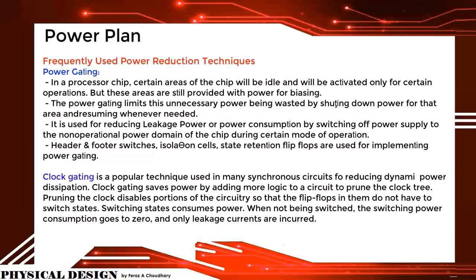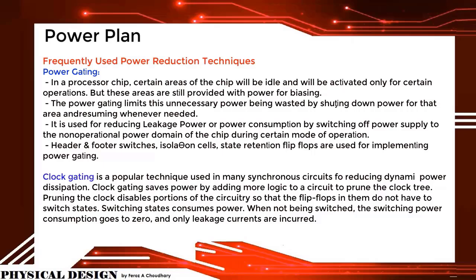Frequently used power reduction techniques are power gating, clock gating, voltage and frequency scaling, substrate biasing, multiple threshold voltage, multiple supply voltages, and memory partitioning. Power gating. In a processor chip, certain areas of the chip will be idle and will be activated only for certain operations, but these areas are still provided with power for biasing.